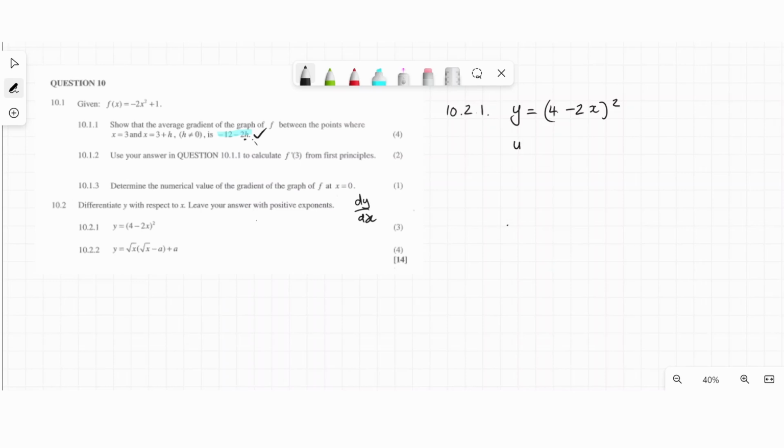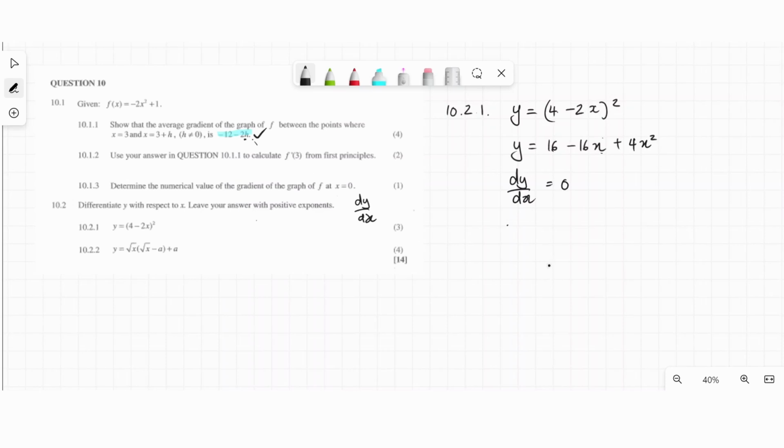So let's do that. y is going to be equal to 16 minus 16x plus 4x squared, right? So after expanding, since they are in individual terms, we can find dy over dx. The constant is going to become 0.